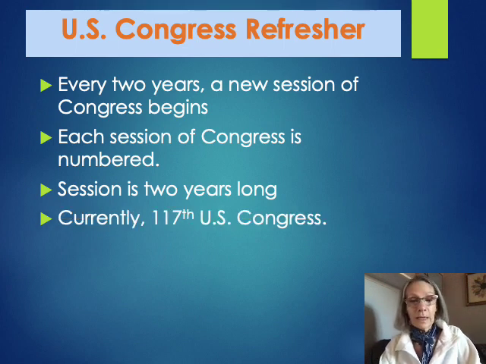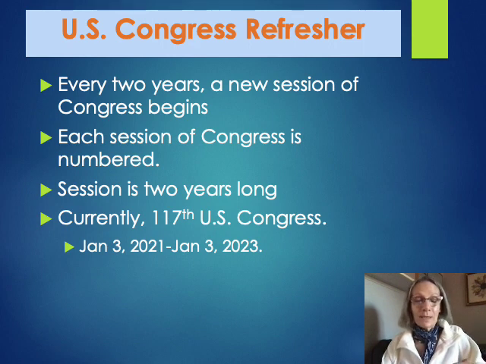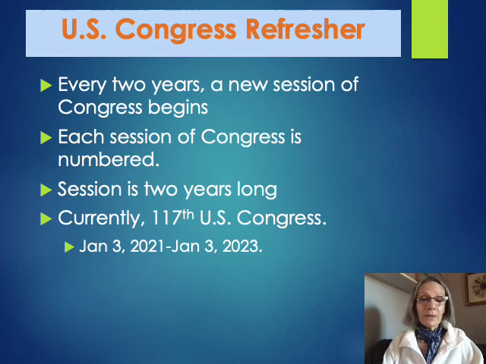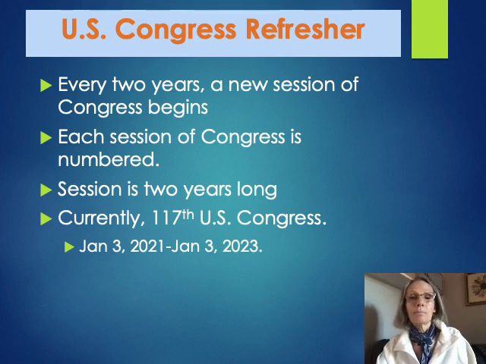So we're currently in the 117th U.S. Congress. It was seated on January 3rd, 2021. That was after the presidential election in November of 2020. And this Congress will remain seated until January 3rd, 2023. At that point, the 118th Congress will take over.